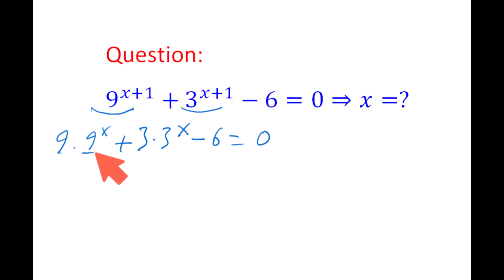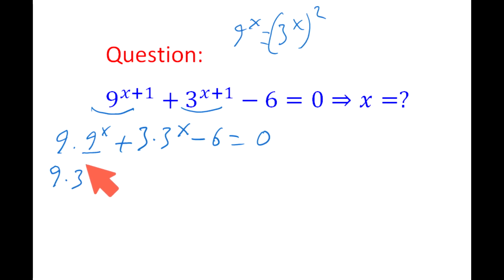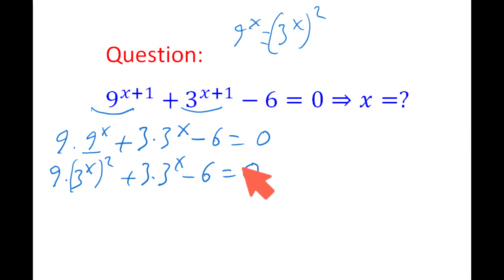And 9 to the power of x is 3 to the power of x squared, right? We can write it in this way. So our question becomes 9 times 3 to the power of x to the power of 2, guys, plus 3 times 3 to the power of x minus 6, which is equal to 0.